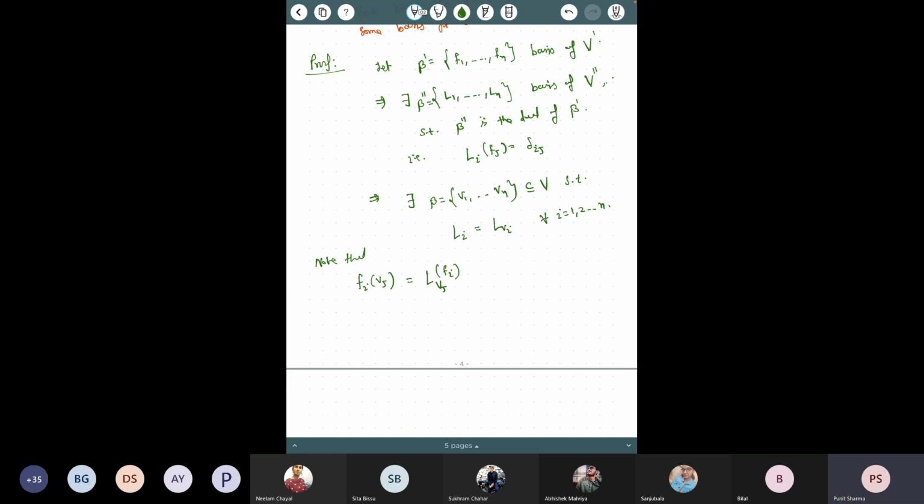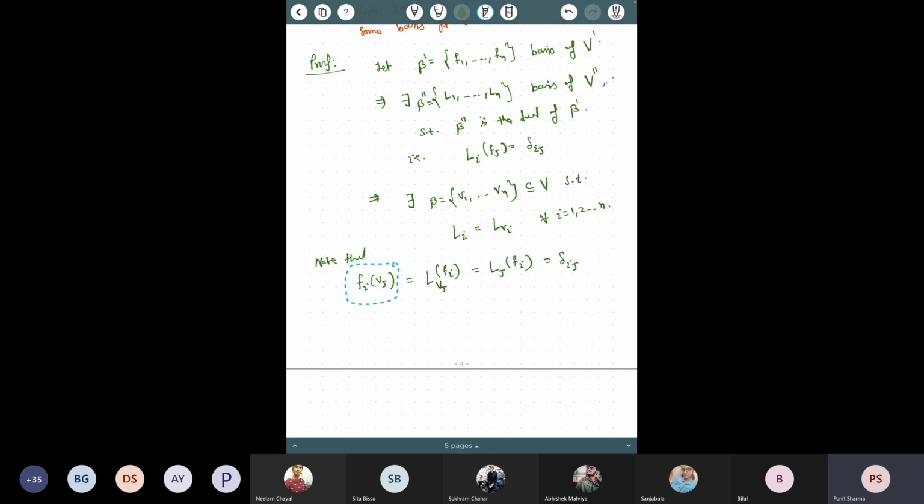But then L subscript Vi is equal to Li, so I can write this as Lj Fi. But then you look at here, this is equal to delta ij. So whatever vectors I have obtained here, V1 to Vn, they satisfy this property, the dual property.